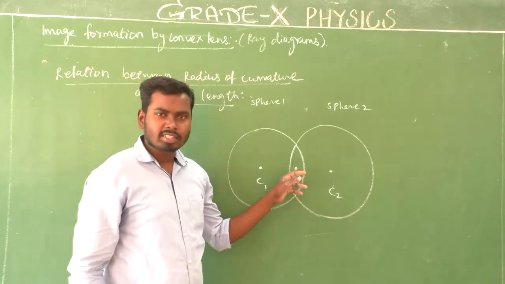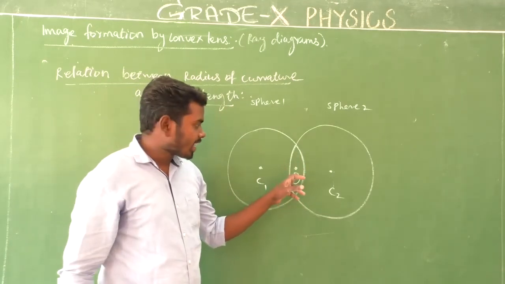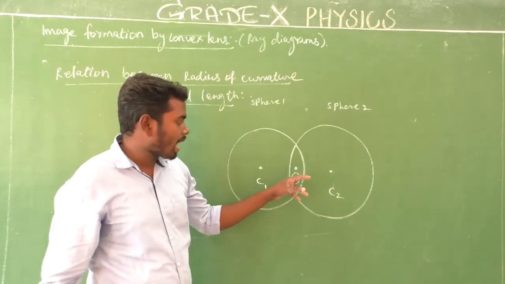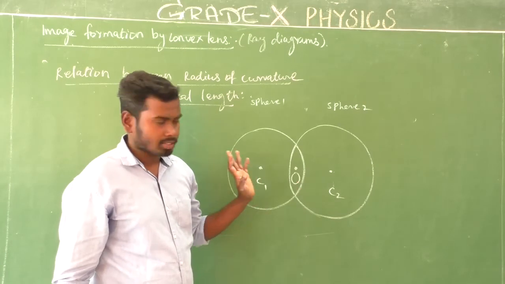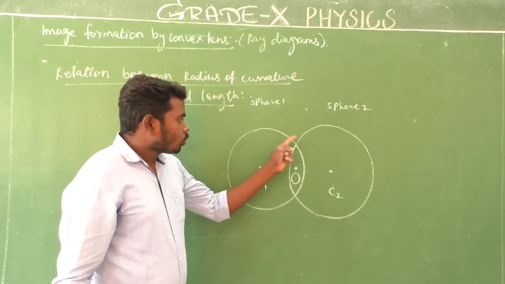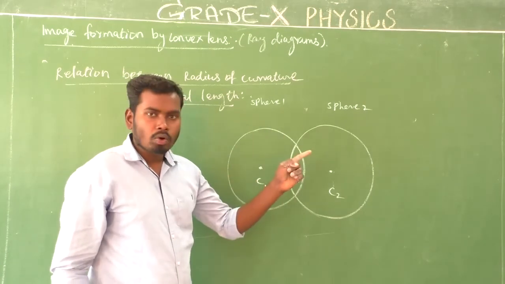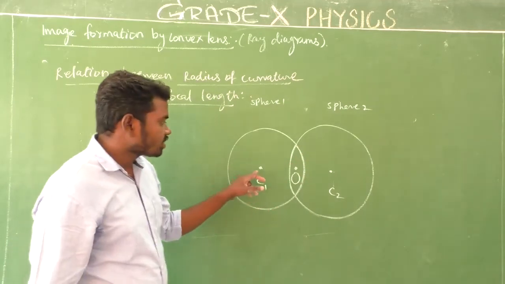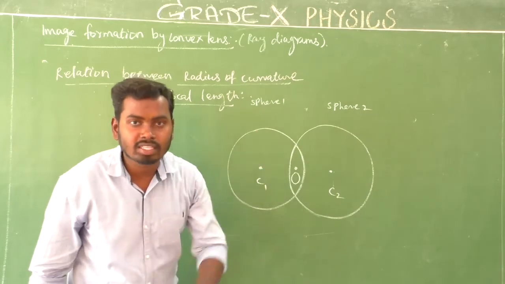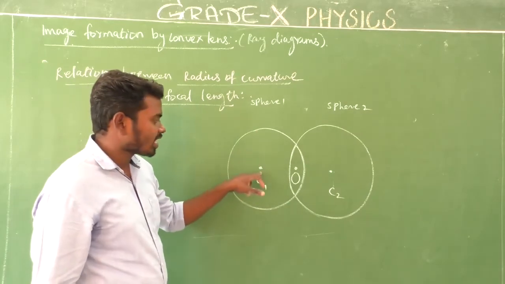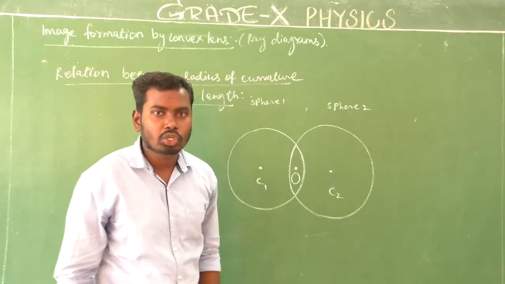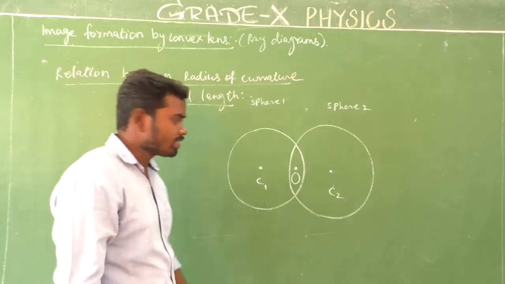Its center point is called the optical center, denoted by capital O. The two spheres have center points known as centers of curvature: the first sphere's center of curvature C1 and the second sphere's center of curvature C2. Very simple.